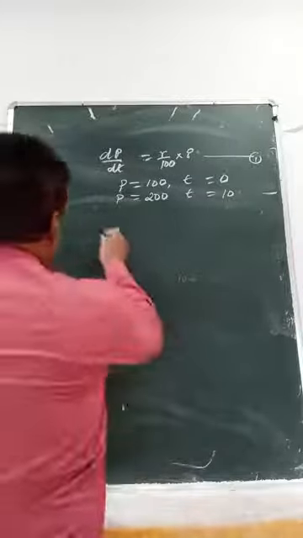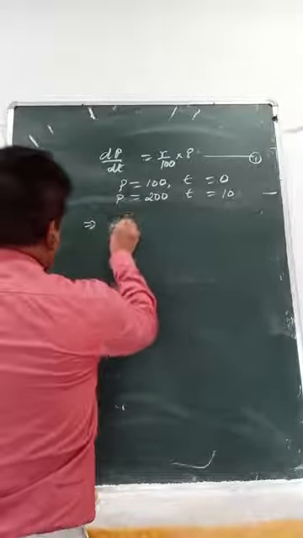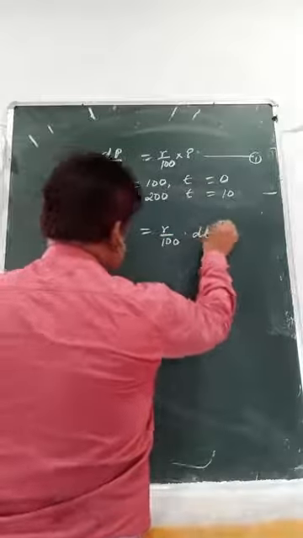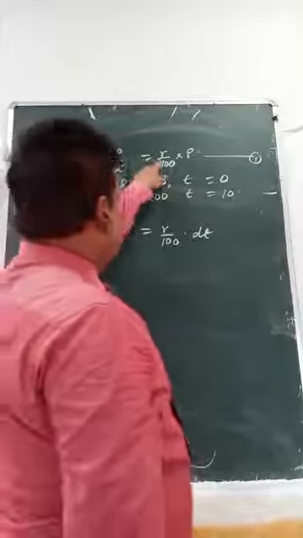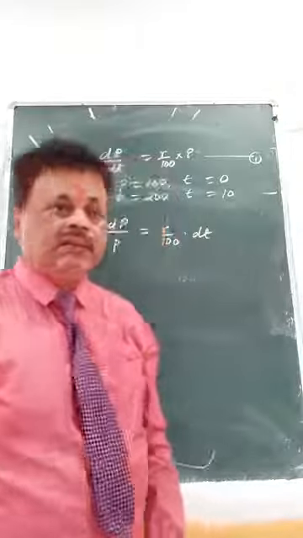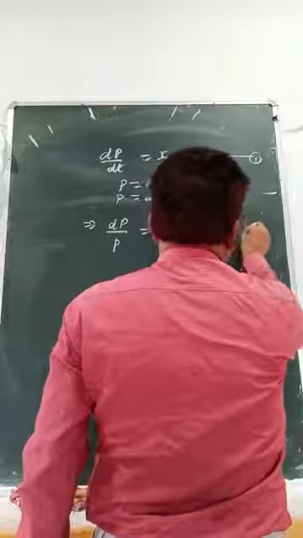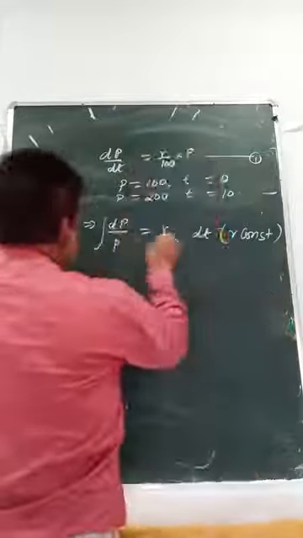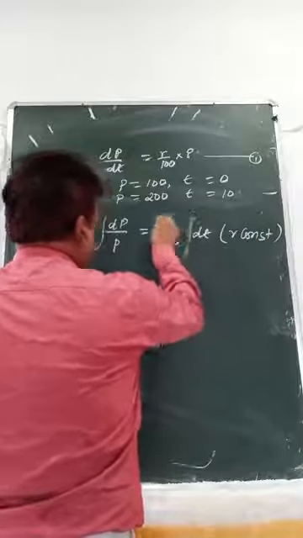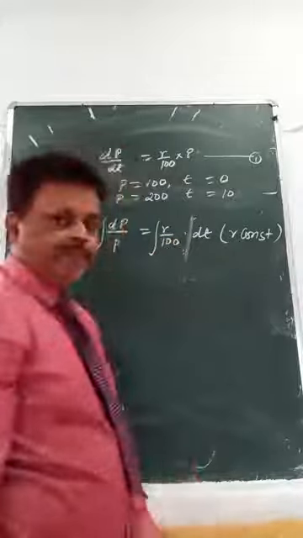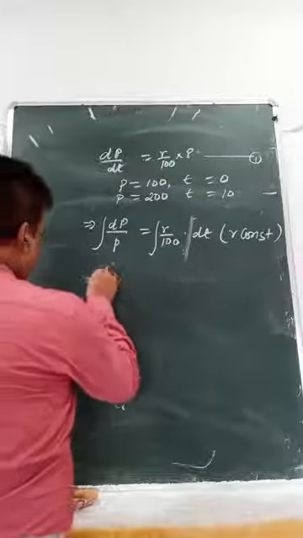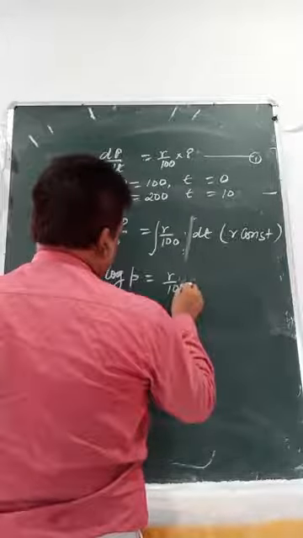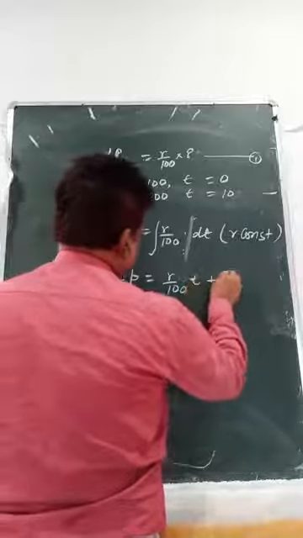Now look at here. This implies dp by p equals R by 100 dt. Look, the rate of interest is fixed here. R is constant. You have to understand R is constant. So log P equals R by 100 t plus a constant.